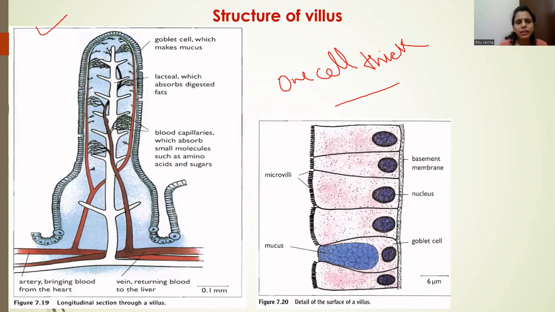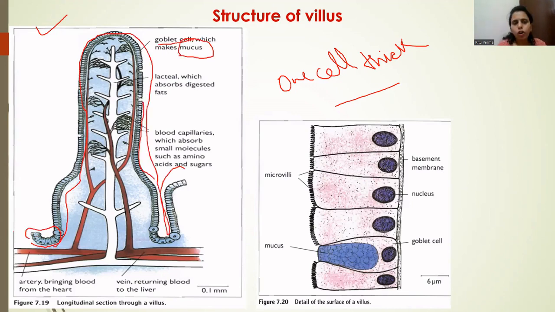That means the villus is made up of only one layer of cells, which covers the villus.